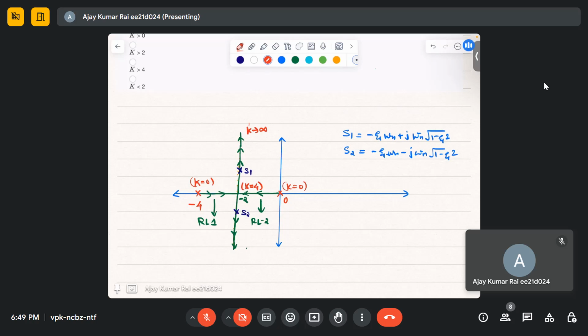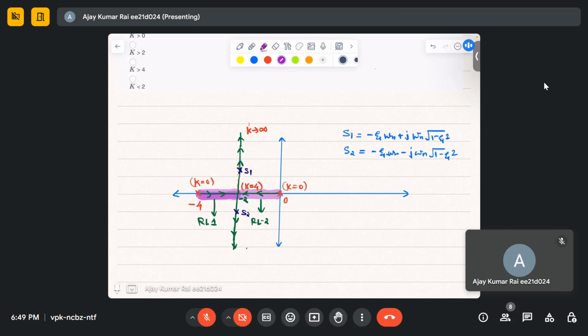So what you can see is from k equal to 0 to 4, let me define the regions and shade this. If you have the root locus lying here, the system is overdamped, and at -2 it is critically damped because the roots are the same.